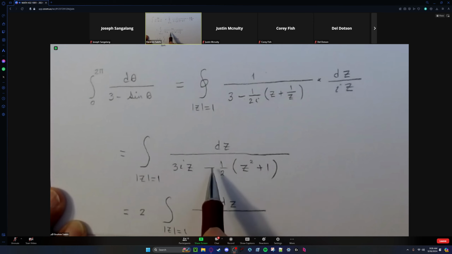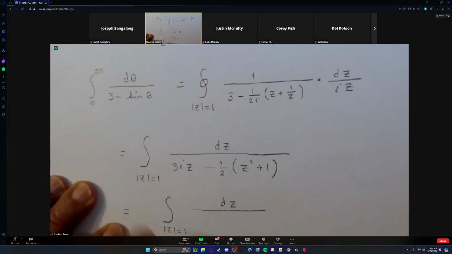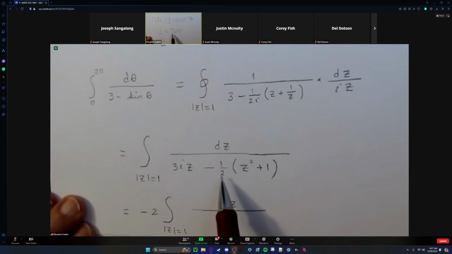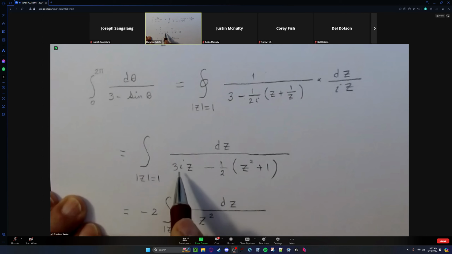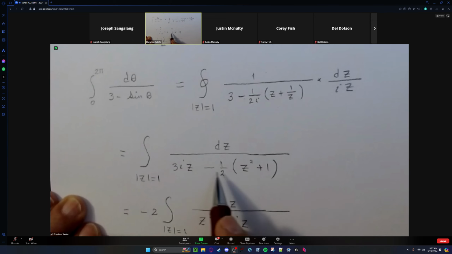I can even factor this negative out because I always would love to have the highest degree positive, all right? So it will be z squared, and this will be multiplied by 2, so 6iz, and here negative 1.